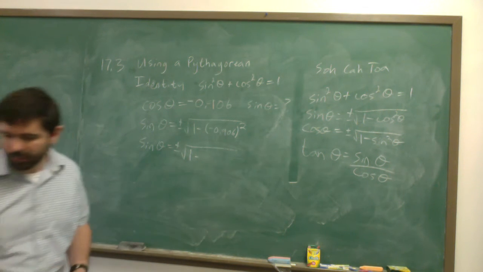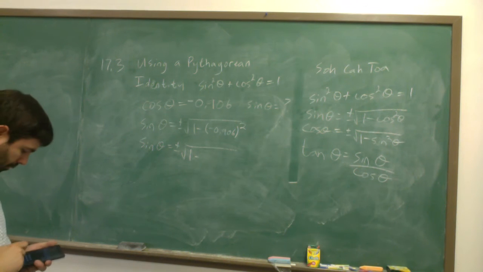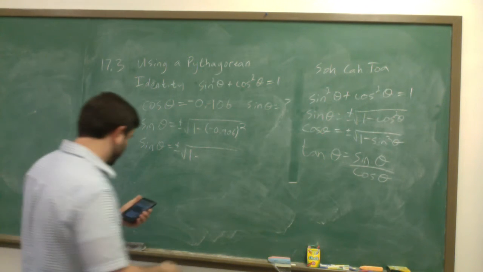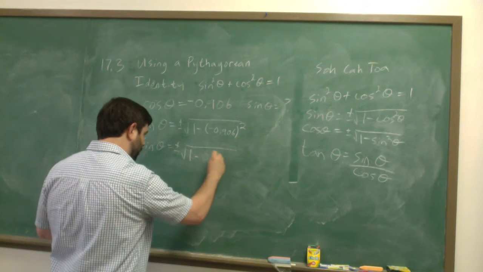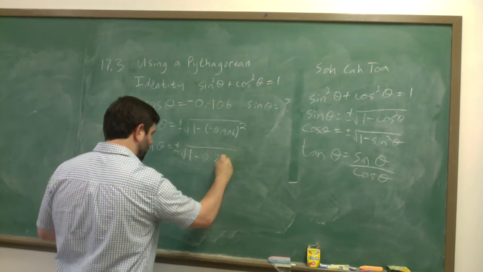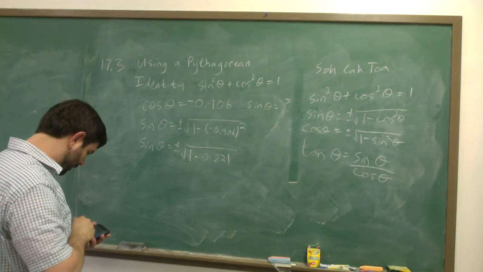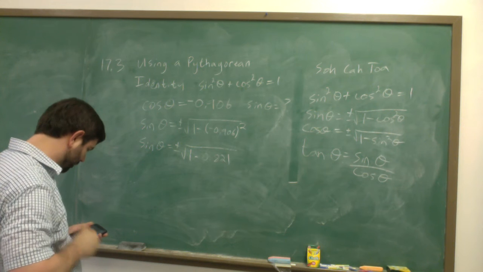It's negative 0.906 squared, but it's going to turn out positive anyway. 0.821.